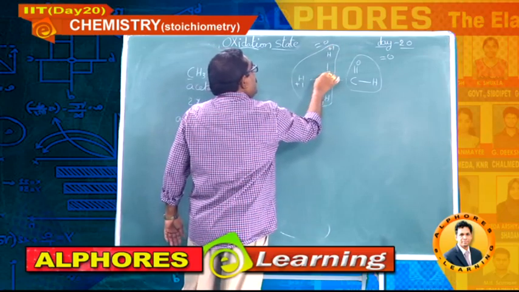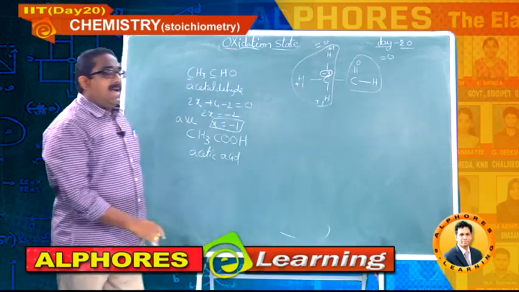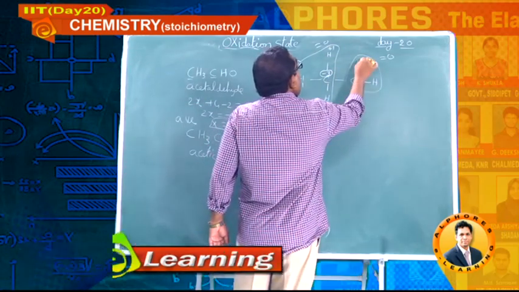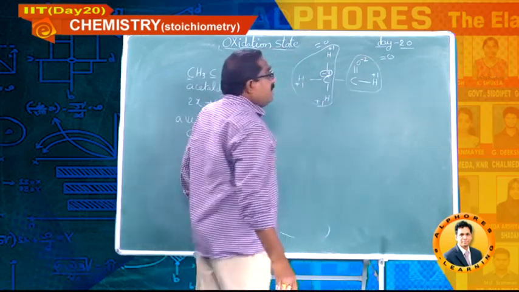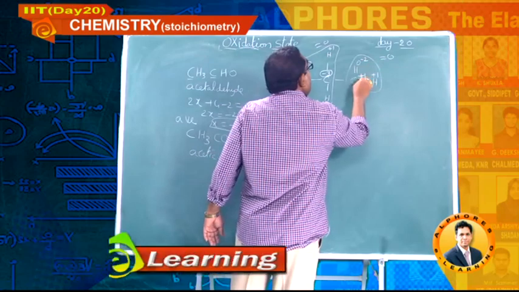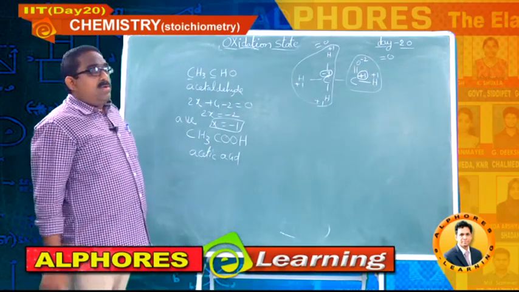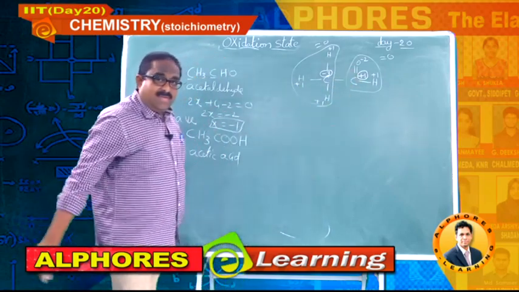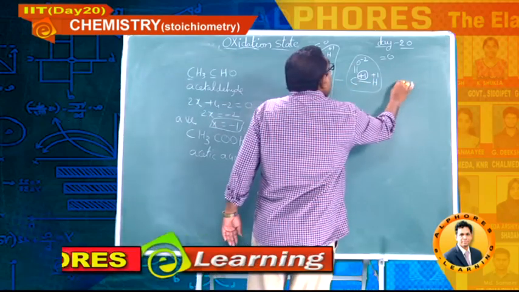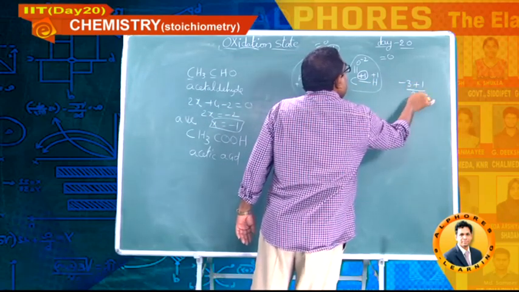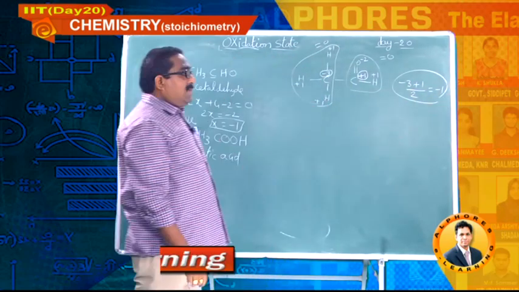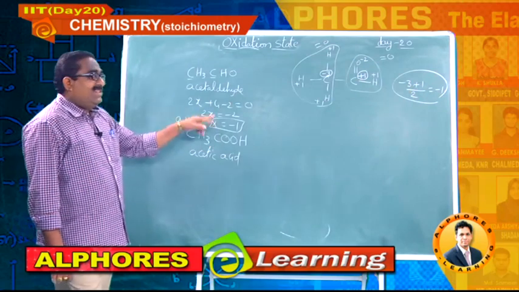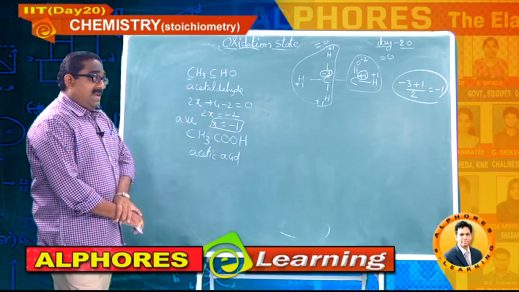So we should write here minus 3. Next, come to this carbon. This is minus 2, this is plus 1, total minus 1. So you should balance it with plus 1. So first carbon minus 3, second carbon plus 1. If you go for the average, minus 3 plus 1 divided by 2, how much will you get? Minus 1. So that's why I got the average oxidation state here as minus 1. Individual oxidation states are different, minus 3 and plus 1.